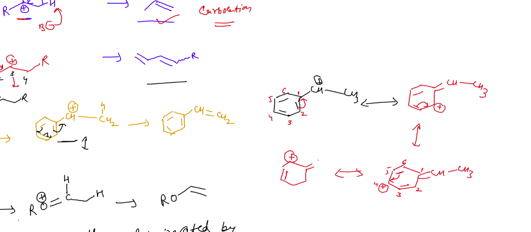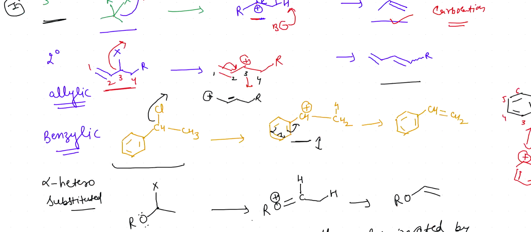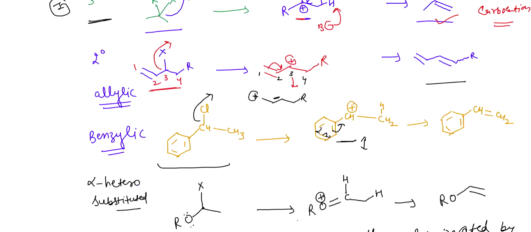Then again there is movement of pi electrons, thus forming the initial structure. Okay. So by resonating structures, this carbocation can be stabilized, thus forming the final product, alkene.